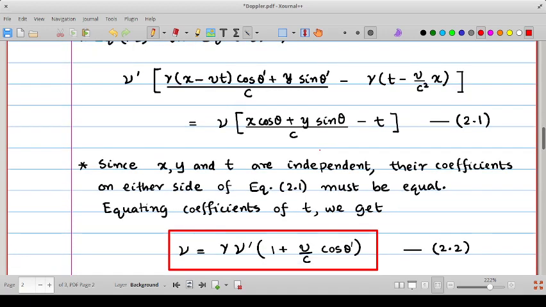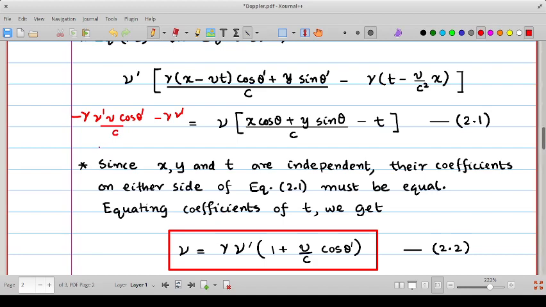We now equate the coefficients of t on either side. Let us find the coefficient of t on the left hand side. We have a nu' here, a gamma here, minus v here. So minus gamma nu' v times t, then cos theta'. And the other factor is this one, minus gamma times nu'. Oh, sorry, this has a factor of c in the denominator as well.